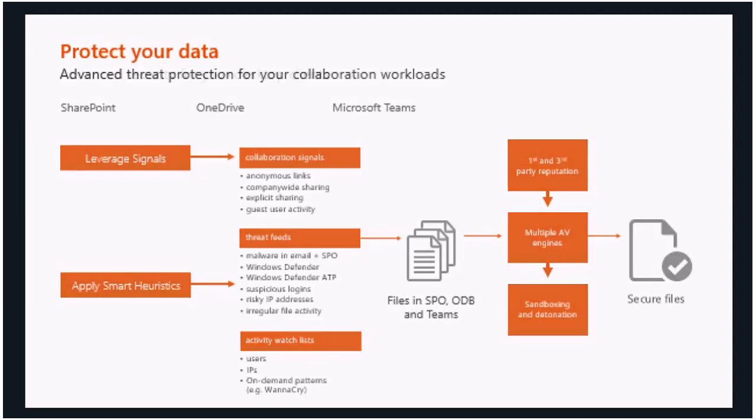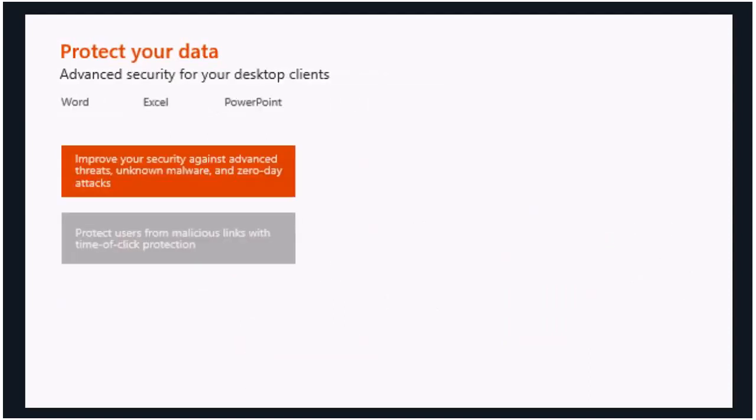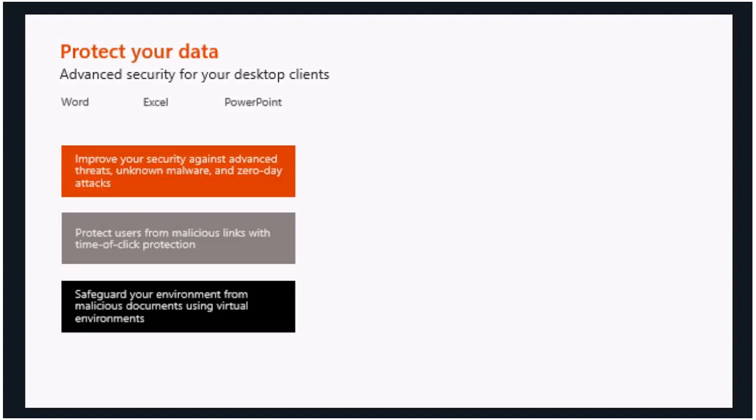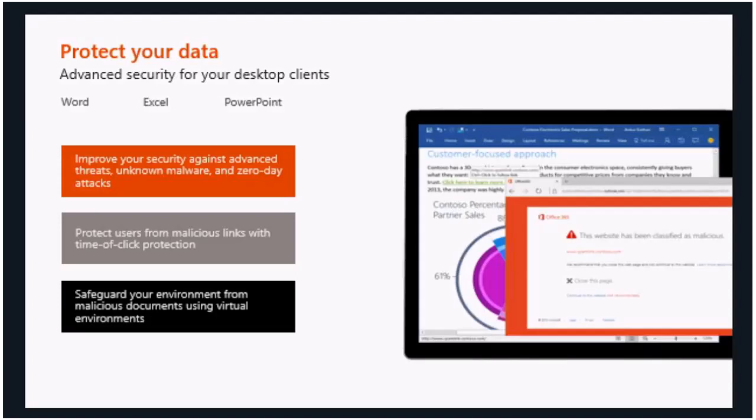So, take a look at your 0-day unknown malware. By the way, antivirus products and a lot of these protection products have gotten so good at figuring out the known. The real risk is always in the first hours or day or so of attacks. And so it improves your protection against 0-day attacks and unknown malware, and protects your users from malicious links regardless of where they are.